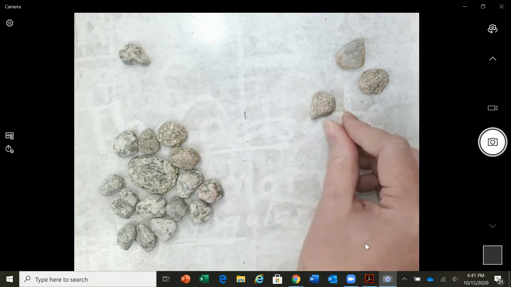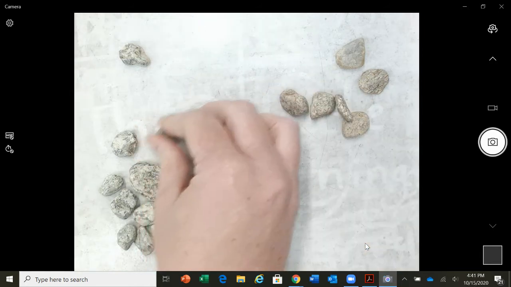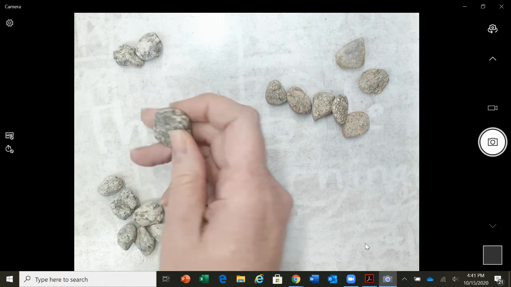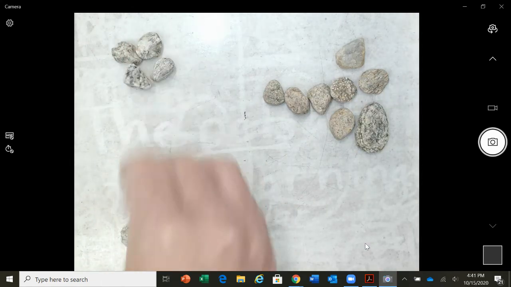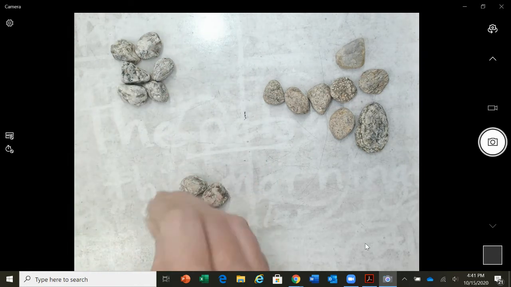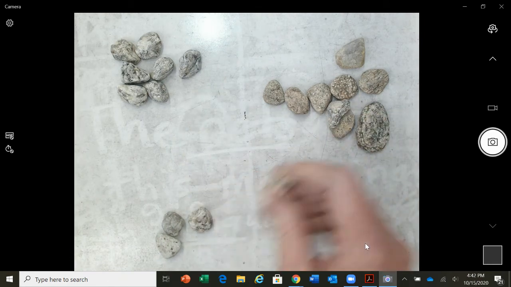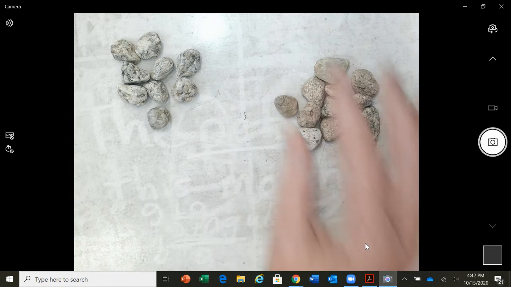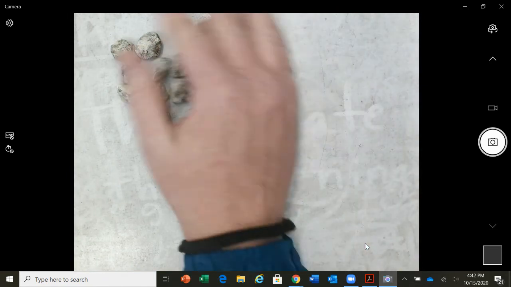Smooth, smooth, smooth, bumpy, bumpy, rough, rough, smooth, smooth, rough, rough, and smooth. So now I have smooth and rough, which is texture.